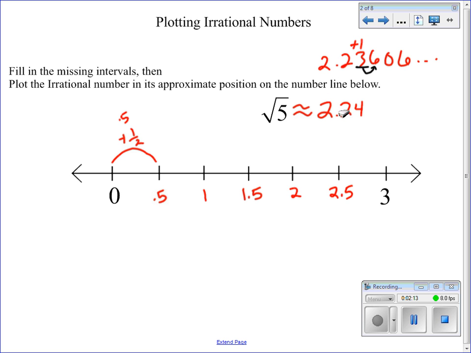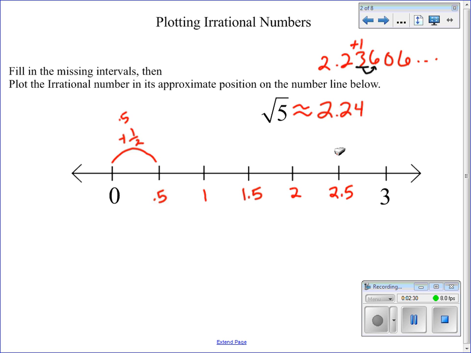Now I take that and I graph it down here. So since I know the whole number is 2, I'm going to be somewhere in this region here. And I have to ask myself, is 2.24 bigger than 2.5 or smaller than? Where is it close to?